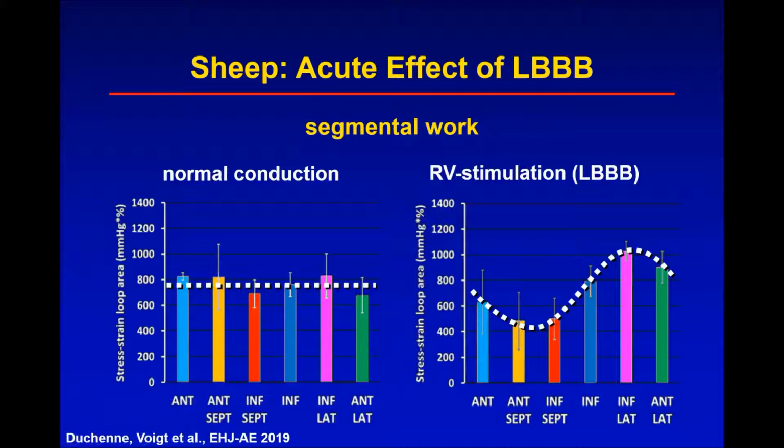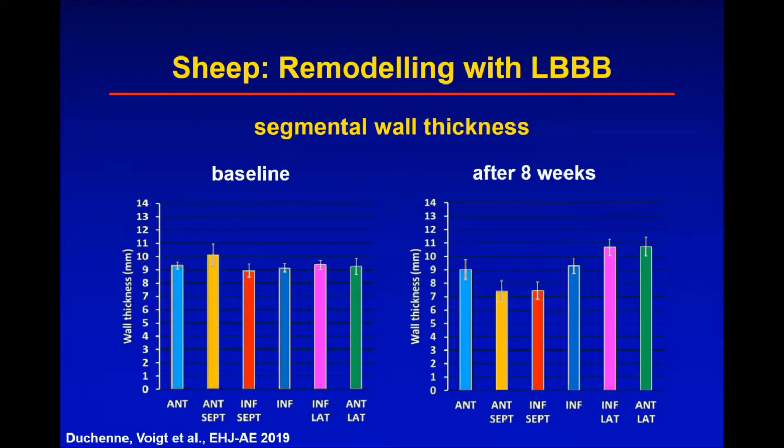And when we now look at the remodeling of the hearts over the course of 8 weeks, then we see a very interesting finding. At baseline, we have a normal wall distribution, so all the parts of the heart are equally thick. While after 8 weeks of this pacing, of this abnormal activation with the left bundle branch block pattern, we see that the septum gets thinner and that the lateral wall gets thicker.